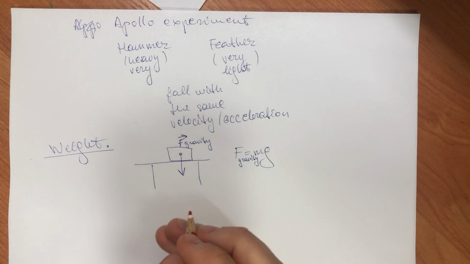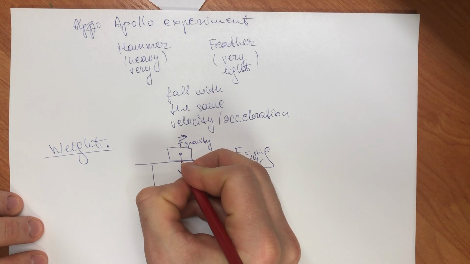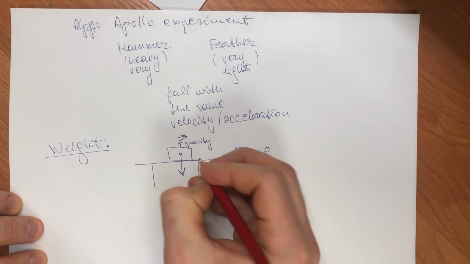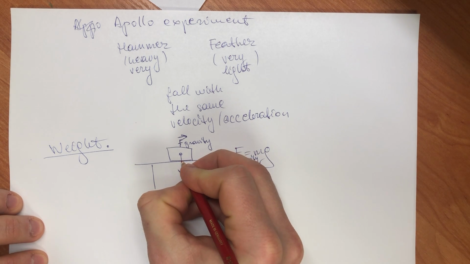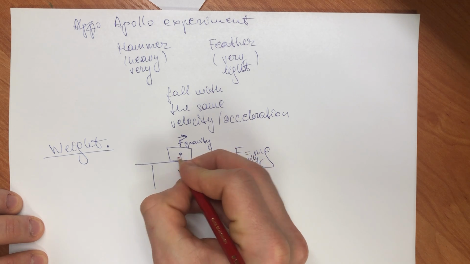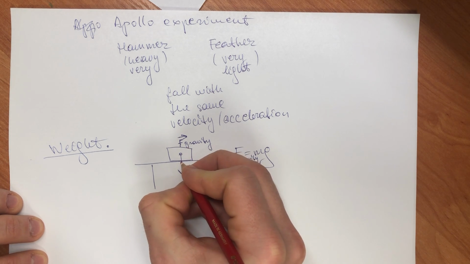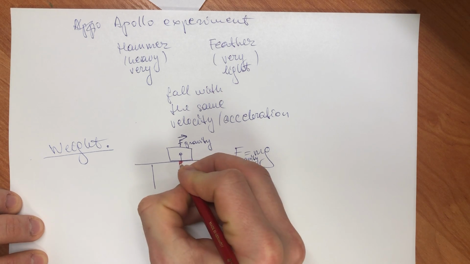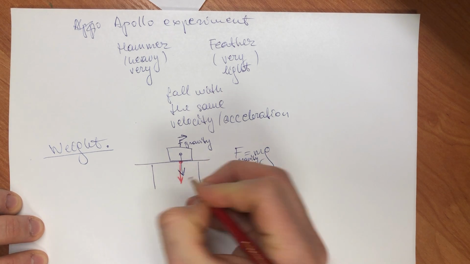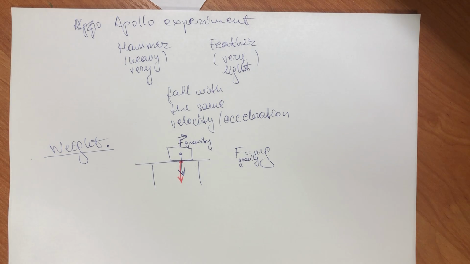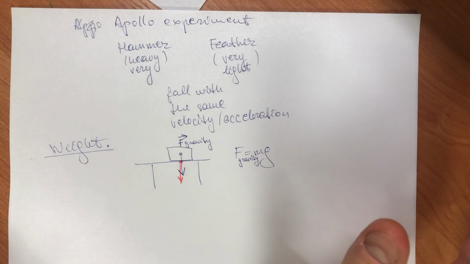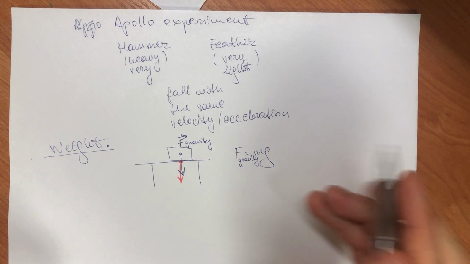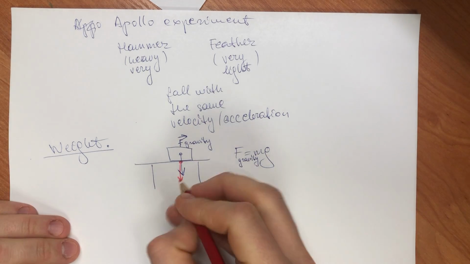But what is weight? Weight is the force that this box, due to gravity, puts on the table, because the table has to hold it. So if there is some kind of object that is holding something, it will experience the weight.